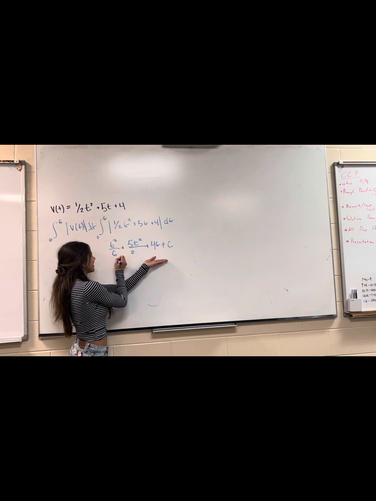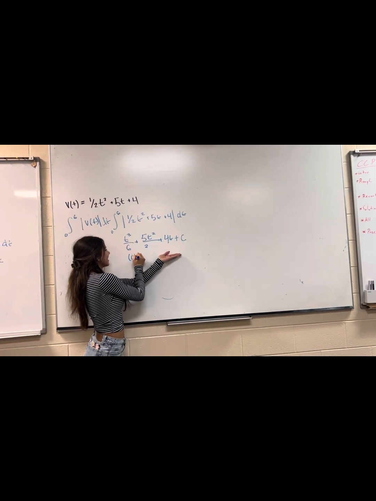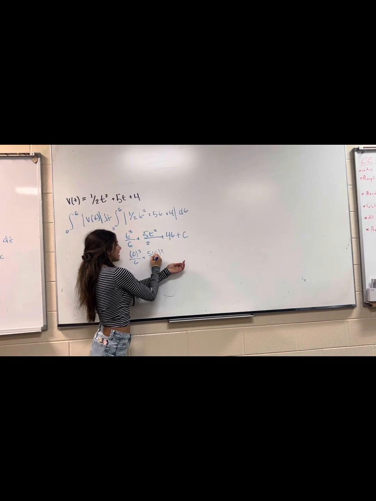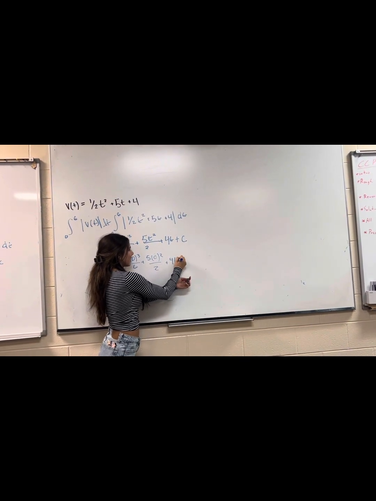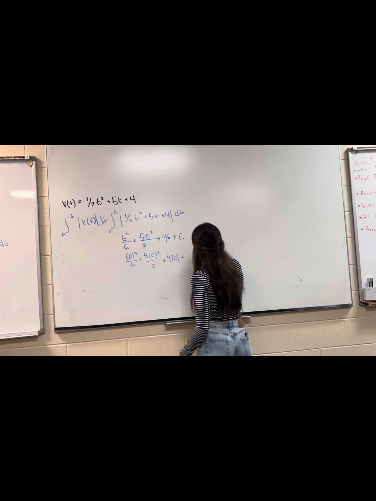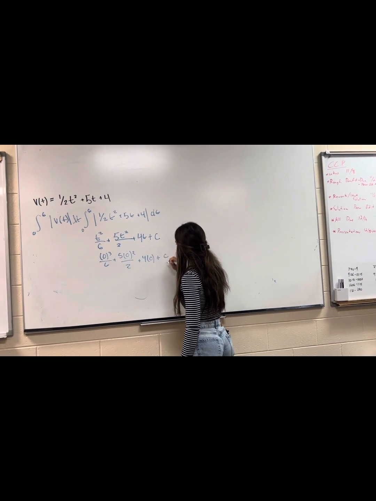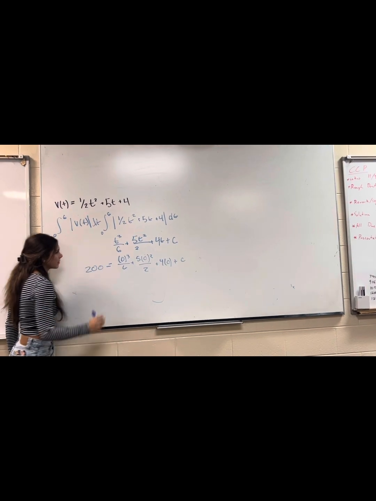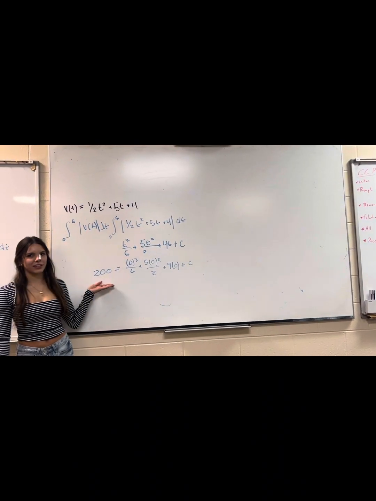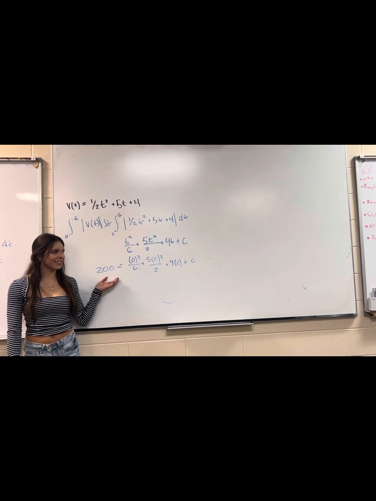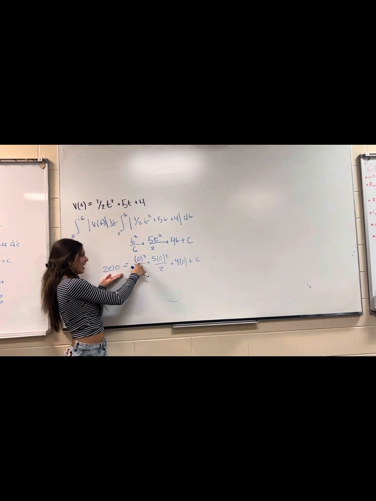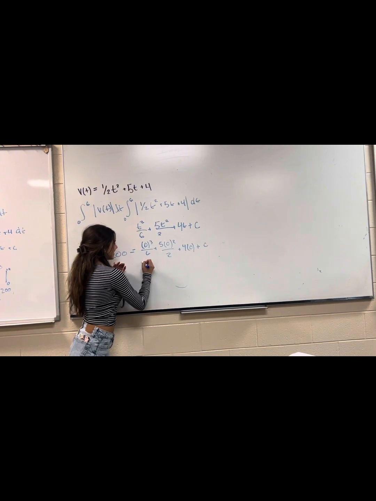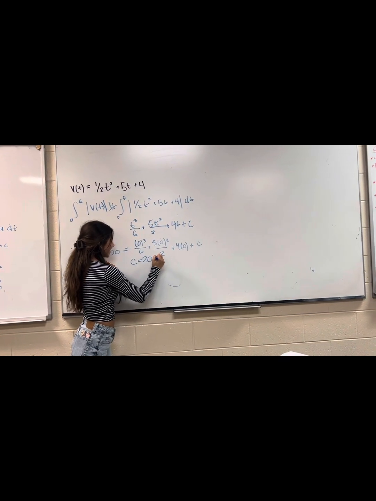Okay, so when we plug in 0 for t, we get c, and we set this equal to our 200, because we know our initial position is 200 at time t equals 0. So at time equals 0, we're going to get a c value of 200.